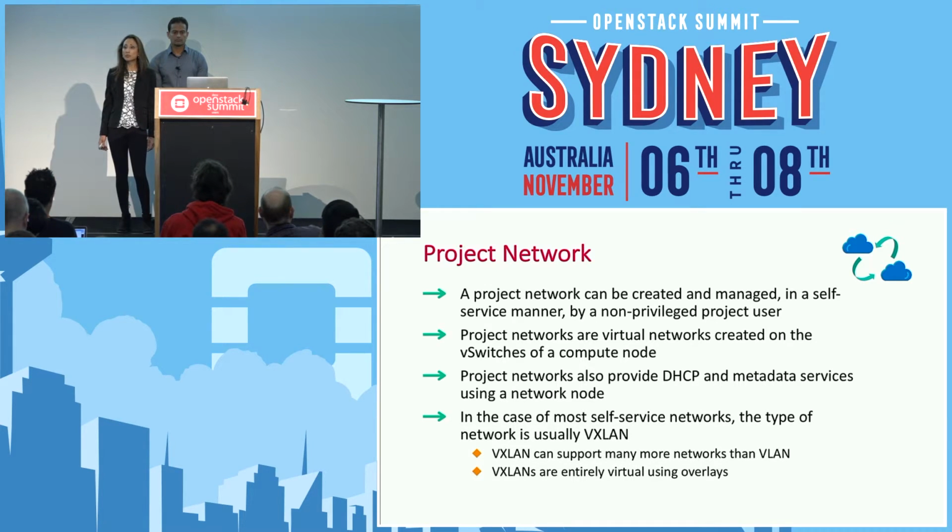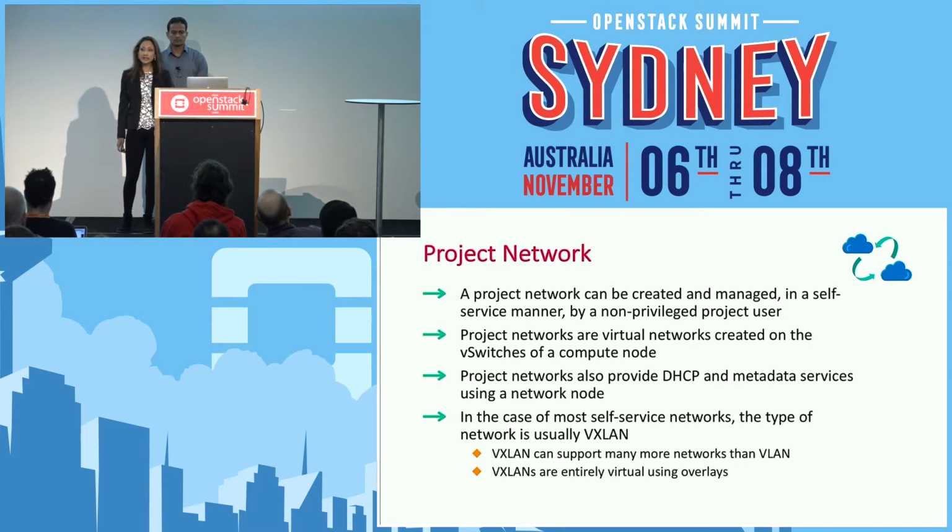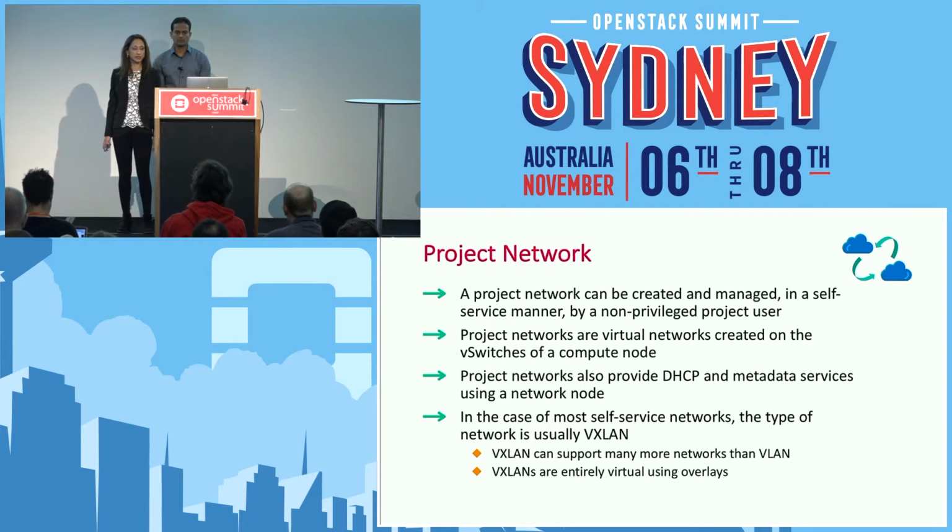In the case of most project networks or self-service networks, the type of network used is VXLAN or Virtual Extensible LAN. And the reason is that VXLAN can support many more networks than VLAN, and VXLANs are also entirely virtual, making use of overlays. What overlays are and overlay networking is something that we will look at as we proceed.